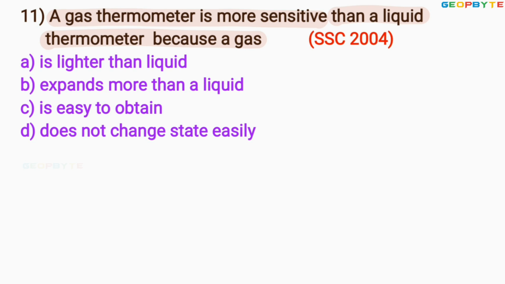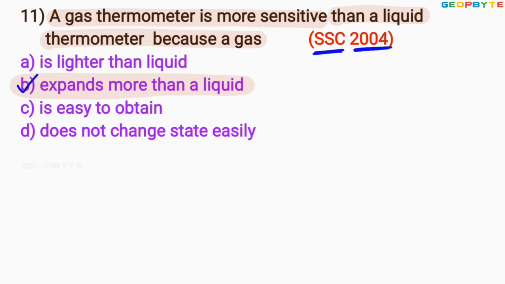I hope you clearly got my point. Once again, let me repeat: in a gas thermometer, the gas expands at a more rapid rate than the liquid because gas is a compressible material. Therefore, option B is absolutely correct. This question was asked in 2004 for SSC exam.